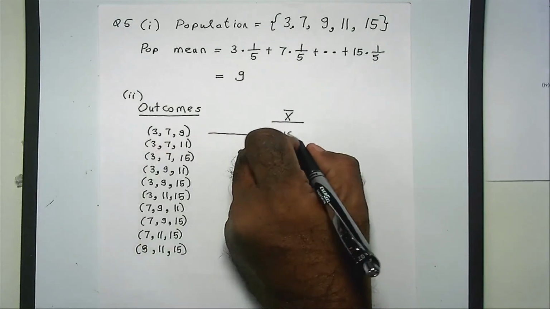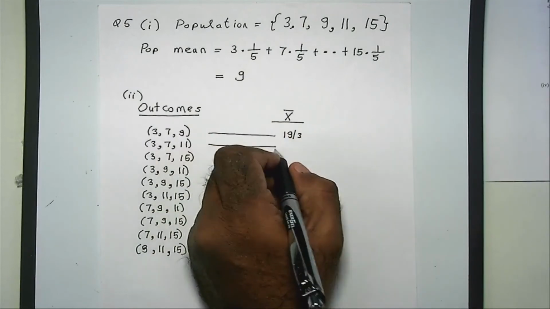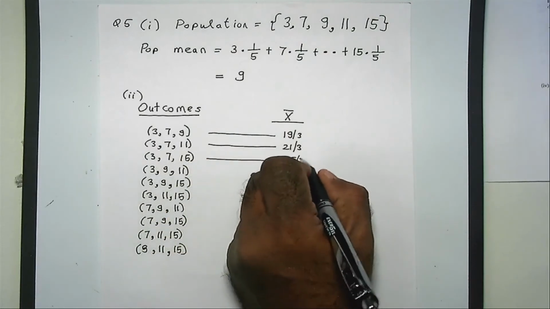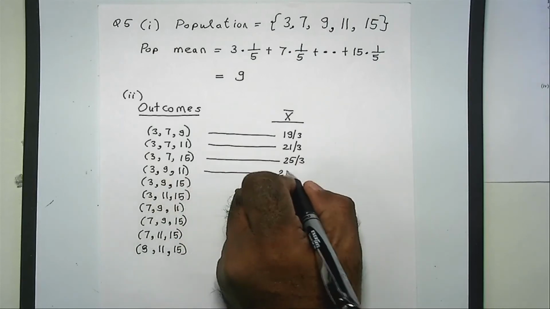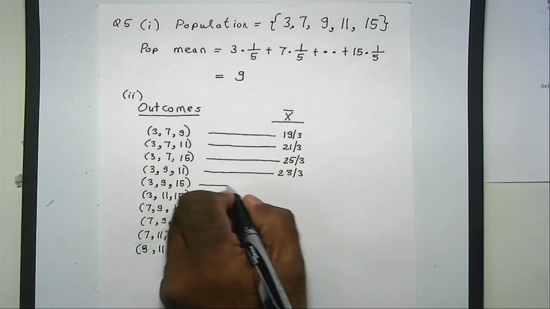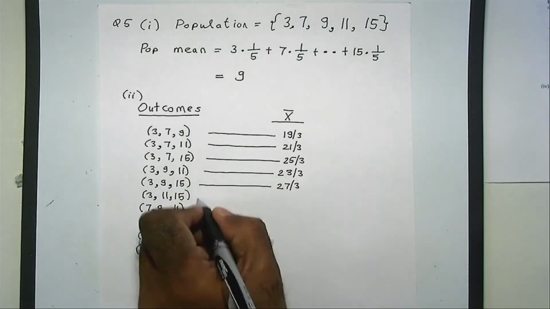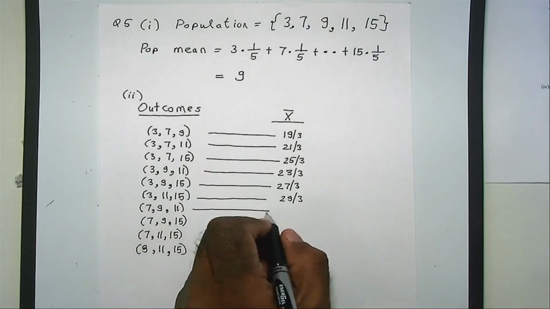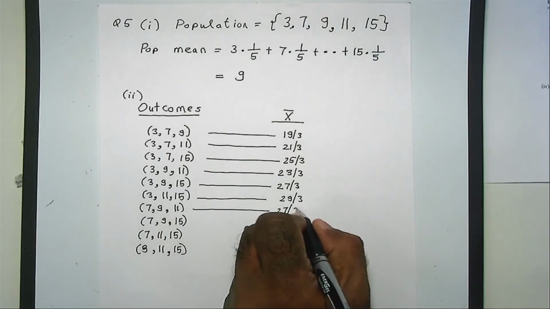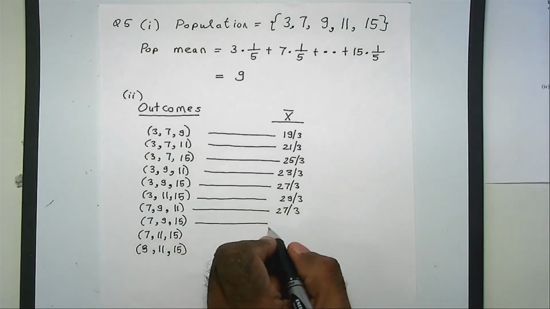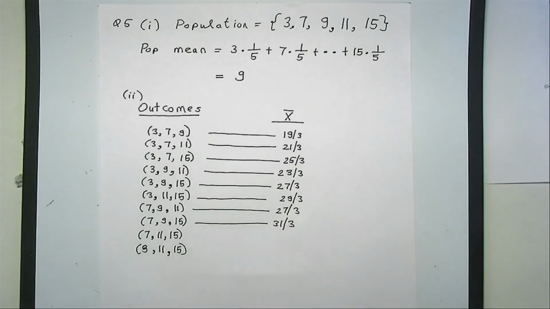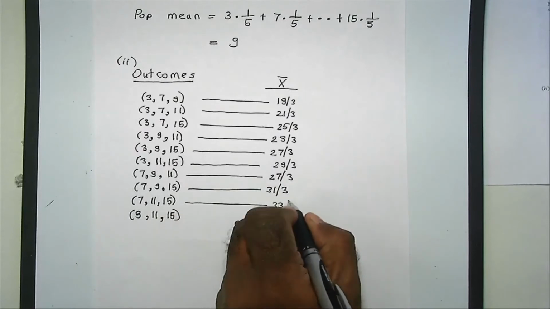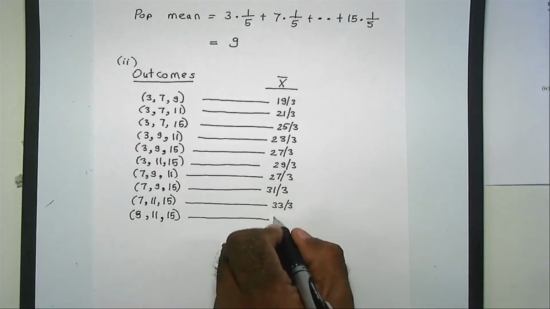So it's going to be 19 divided by 3, 21 divided by 3, 25 divided by 3, and 23 divided by 3, 27 divided by 3, 29 divided by 3, 27 divided by 3, 31 divided by 3, and 33 divided by 3, and 35 divided by 3.